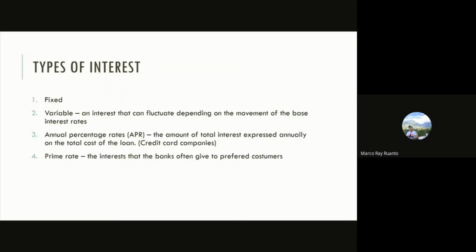So kaning prime rates actually the same computation, but they offer you a higher percentage compared to a regular customer. So if you were qualified to belong in this category based on their evaluation, they will offer you some prime rates.